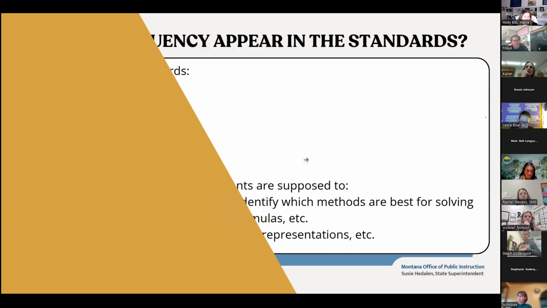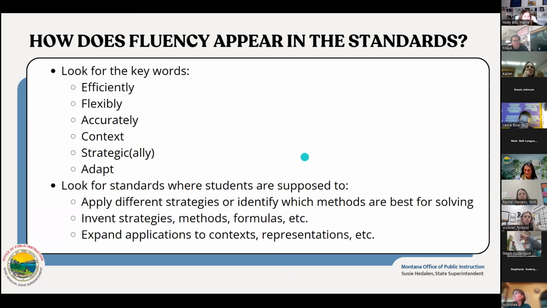In the standards, if you're wondering how to identify whether it's a fluency standard or just a conceptual understanding standard, you'll see a lot of the time specific words. You'll see these 6 specific words identified in the standard itself, but you also might see some, particularly in the high school, where they don't say adapt, but they might say invent strategies, methods, formulas, or something like that.